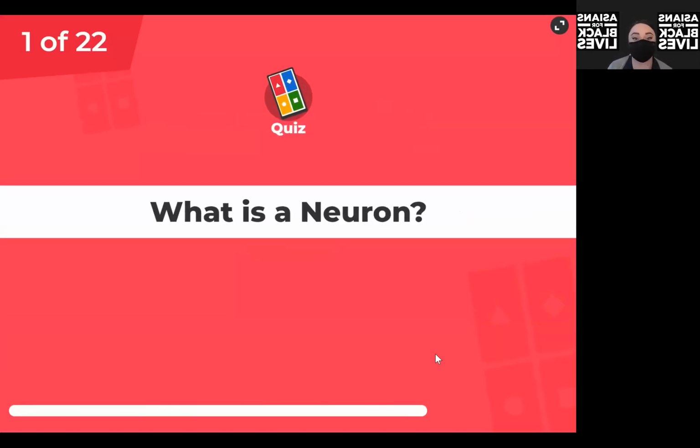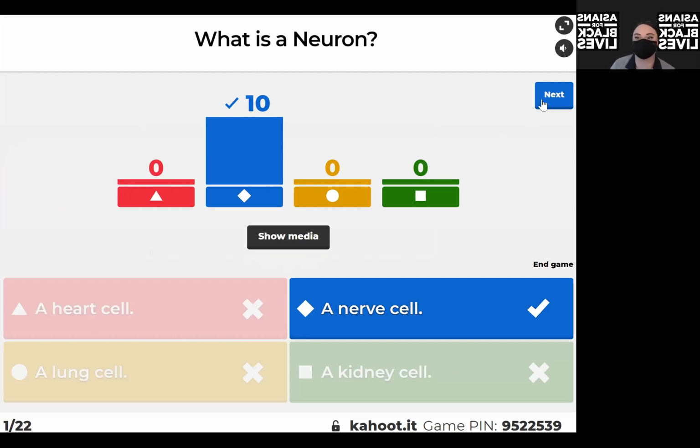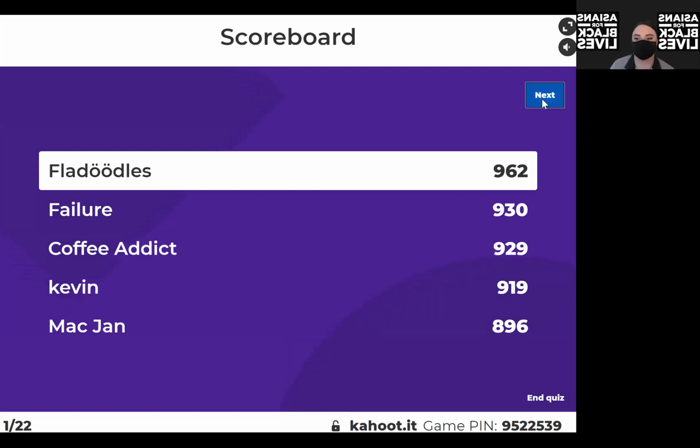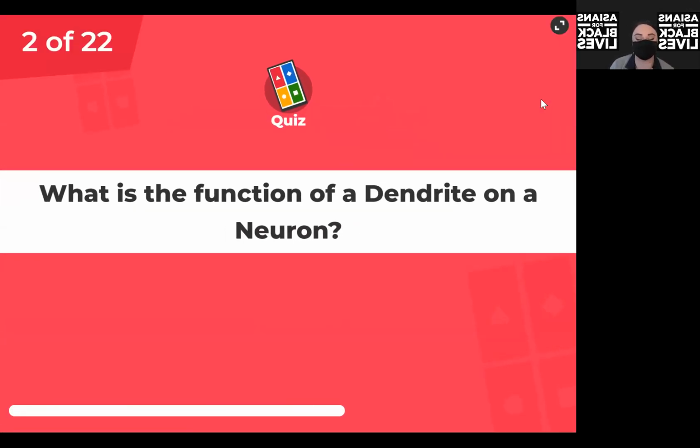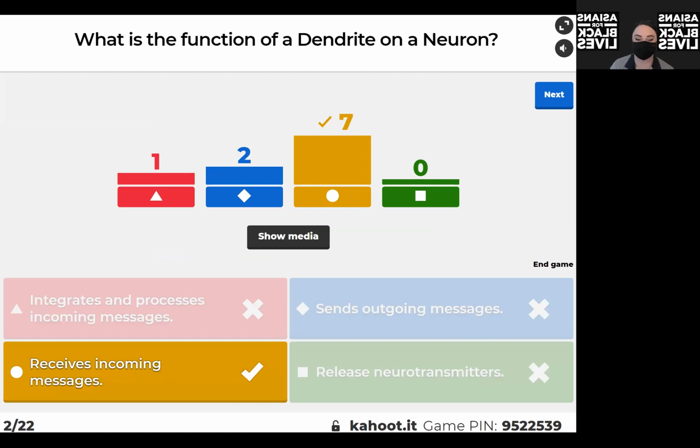All right, what is a neuron? What is the function of a dendrite? Okay, good. So dendrites receive incoming messages.